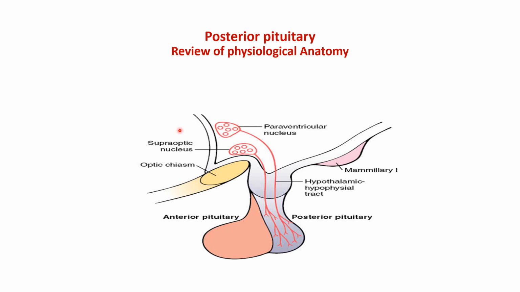So there are two hormones, ADH and oxytocin. And remember, this tract is referred to as the hypothalamic hypophyseal tract. It goes through the infundibulum or pituitary stalk until it reaches its final destination, which is the posterior pituitary gland.